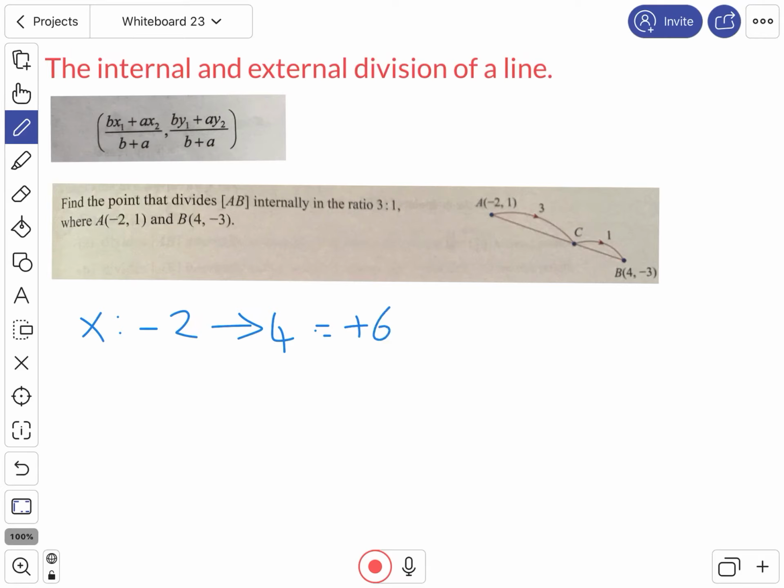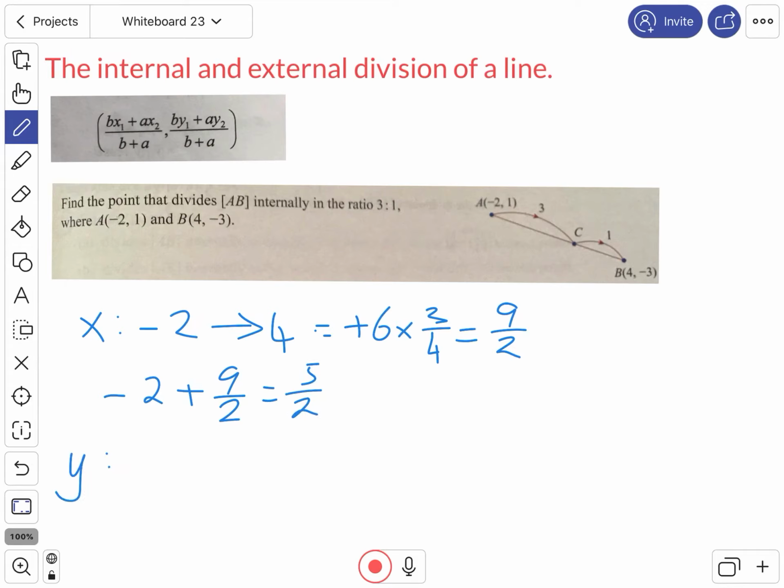Okay, I don't want to go all of that way though. That's 4 parts. I want to go 3 parts of the 4. So I multiply that by 3/4, and I get the number 9/2. So I want to go 9/2 units from A. So I take my -2, that's the x value, and I add 9/2 to it. And that gives me my 5/2 for the x coordinate, same as earlier.